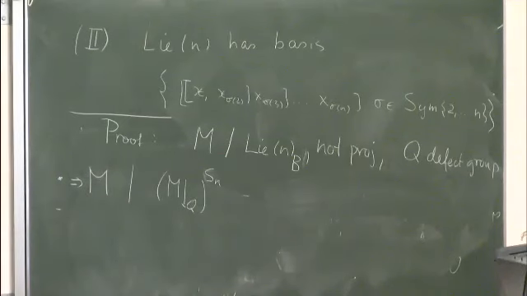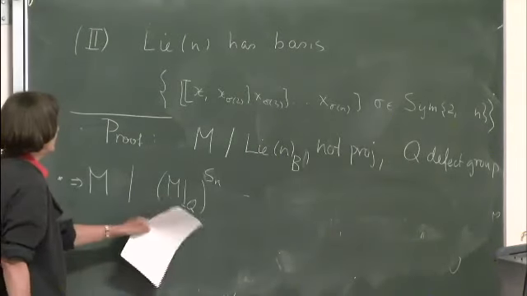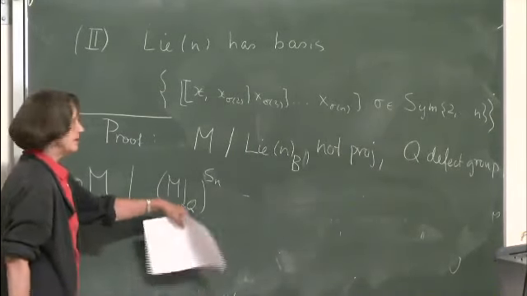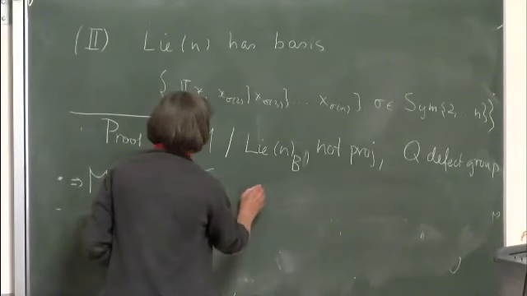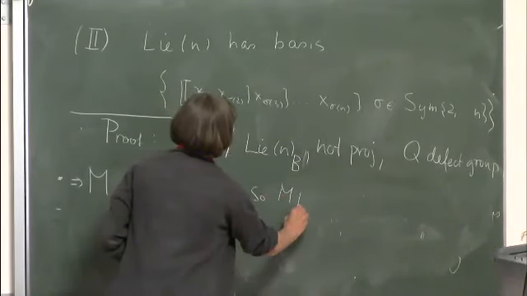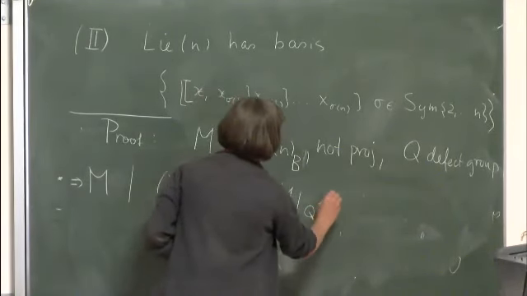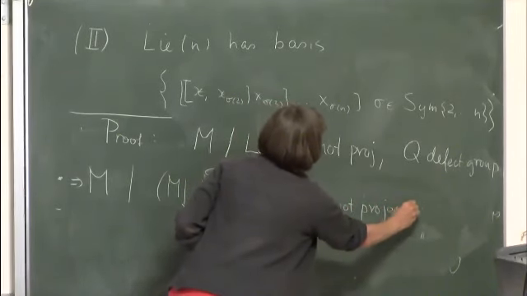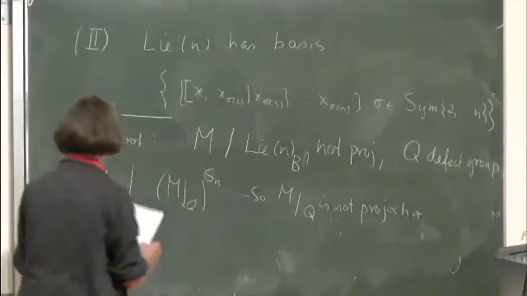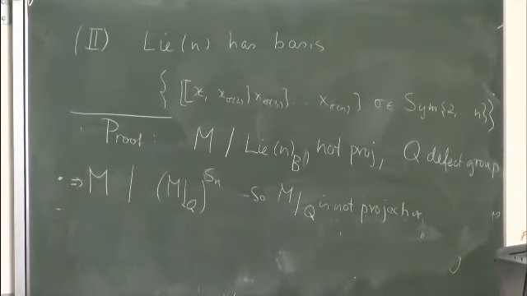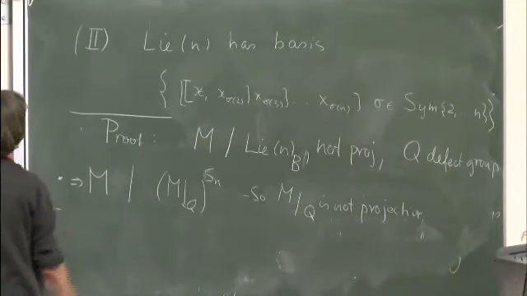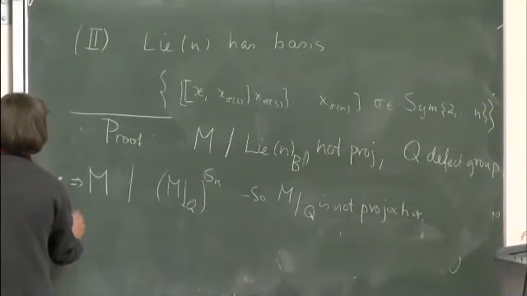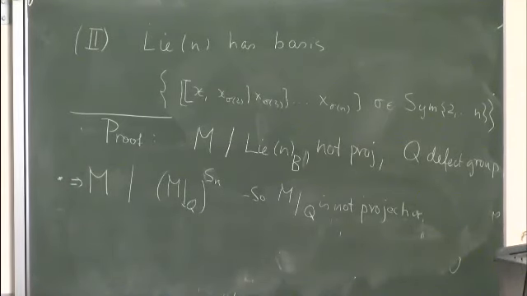I don't know whether you said that explicitly, but it's easy. So if M is not projective, then M restricted to Q is not projective, because otherwise M would be projective. Now we have seen at the beginning that Lie n restricted to Sn minus 1 is projective.